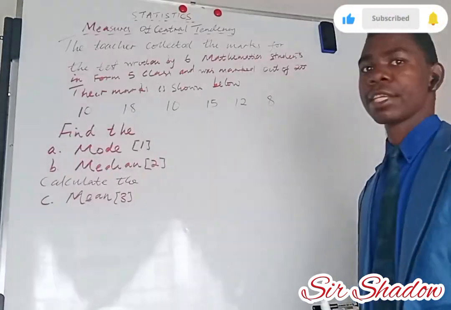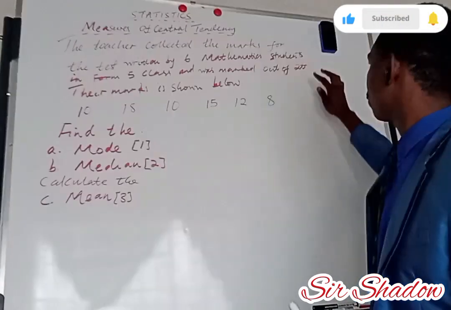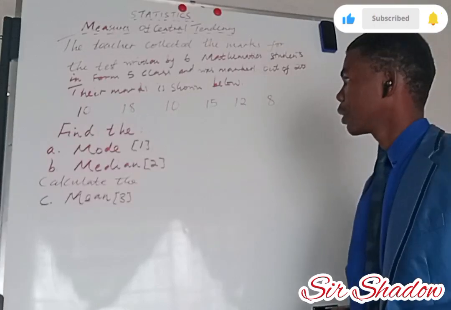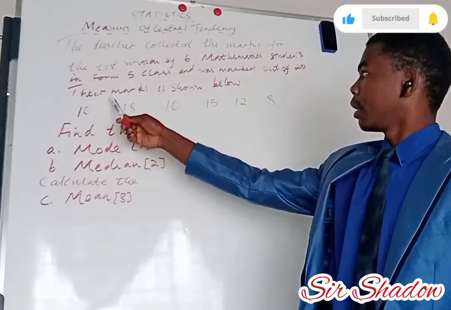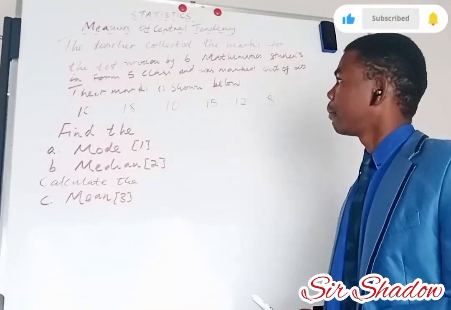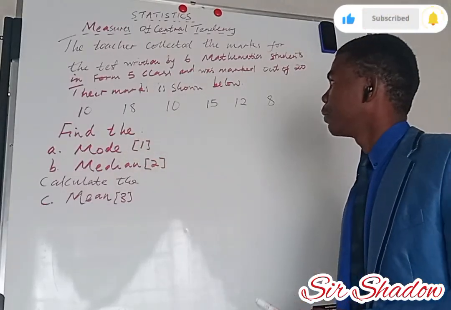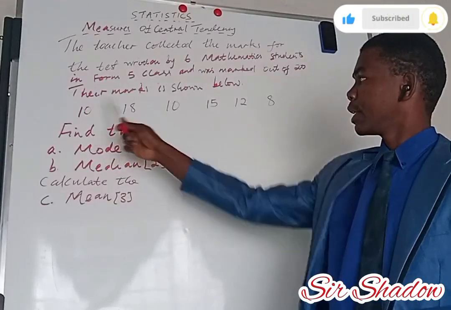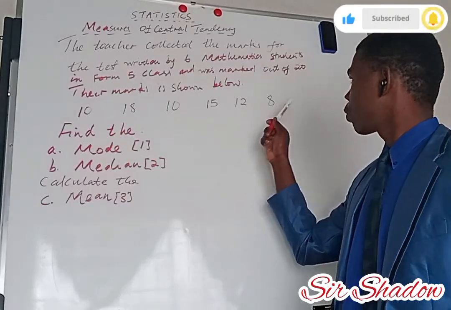The test was marked out of 20, and their marks were recorded. These marks are shown below, right? So we have 10, 18, 10, 15, 12, 8.